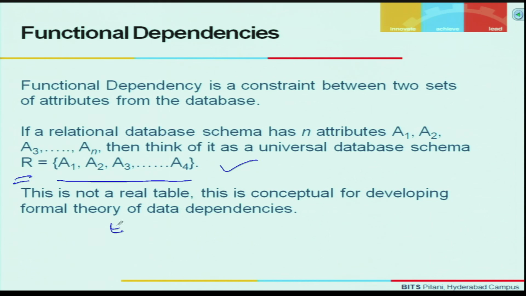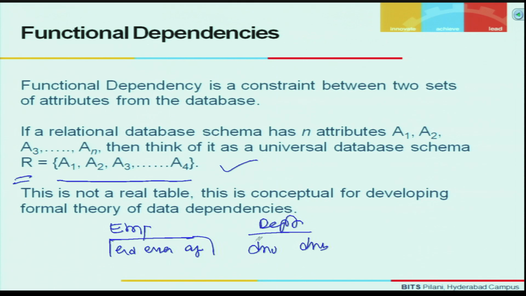For example, in my database, if I have an employee table with employee ID, employee name, and age, and one more table called department with department number and department name as the attributes, then for the sake of schema refinement, I can think of a universal relation which I can call company, or some name I can give, and which will contain the attributes, which is the union of these.